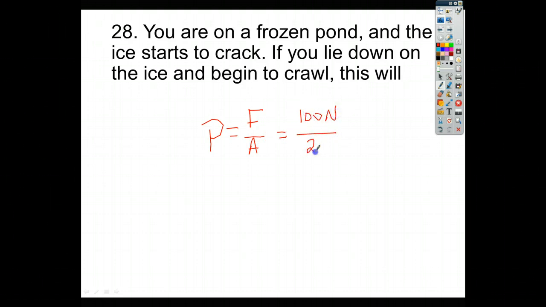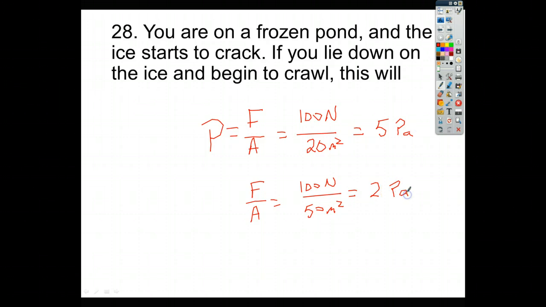If my area before was 20 square meters, and now I have a pressure to begin with of 5, then if I take that same force and increase the area, let's say this is 100 newtons, and on the bottom instead I now have a bigger area, let's say it goes all the way up to 50 square meters, I end up with a pressure of 2 pascals instead of 5. So this will reduce the pressure, and that's really the answer.